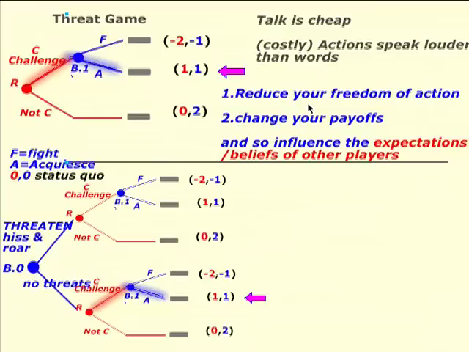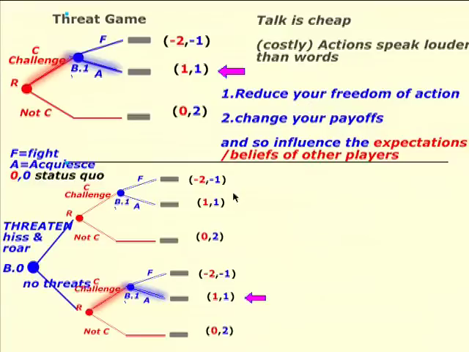Remember, those are the two key ways in which you're going to be able to make your attempts to change a situation credible. Because, again, the idea is we have our theory, we have some game that people are playing, somebody wants to change it, so they're going to do something. Why should the other people believe there's going to be any change? You have to do something to make them change their expectations or beliefs.